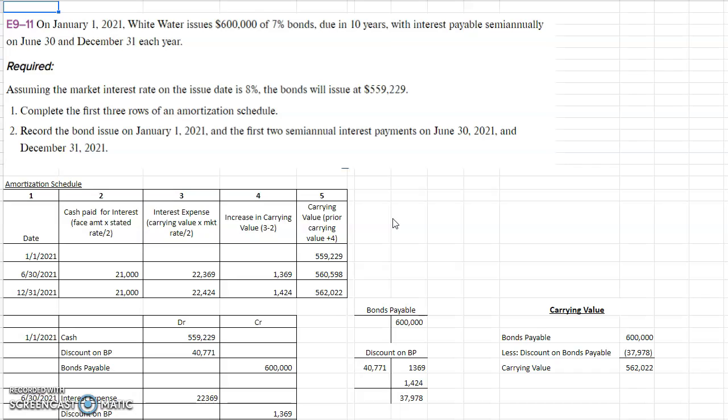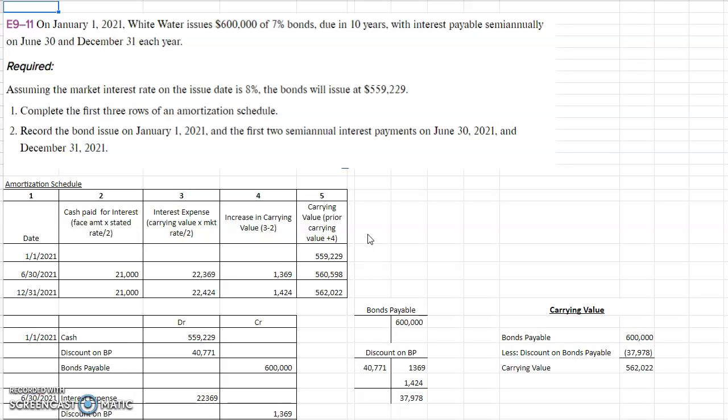But it's important that you understand that if the stated rate of 7%, what the company is going to pay the investor, is less than the market rate or the going rate for similar investments, then the investor is not going to be willing to pay full price for it because they are getting less in interest than they would in another investment. So that's why the bonds sell at a discount.